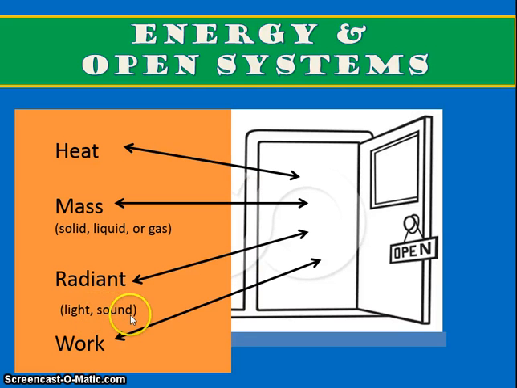Anytime sound goes into or out of a system, like right now I'm talking, and so sound is going out of my system, it's leaving my body, and it's exiting through the means of radiant energy here. And the last way energy can go into or out of a system is through work. And we saw that earlier with the guy who was pushing the tire up the hill. He was doing work on that tire, and that work was going into the tire as potential energy.